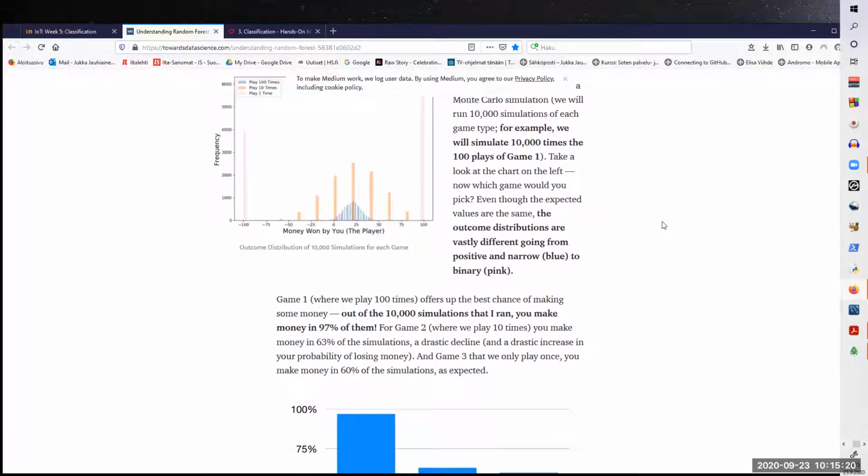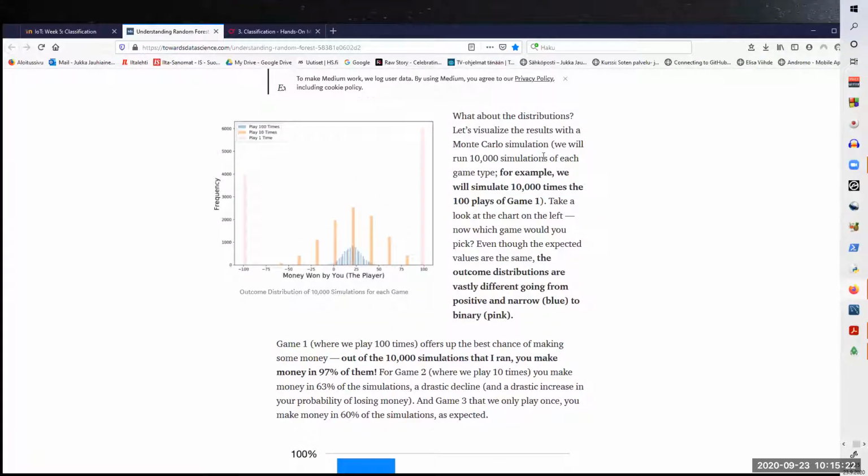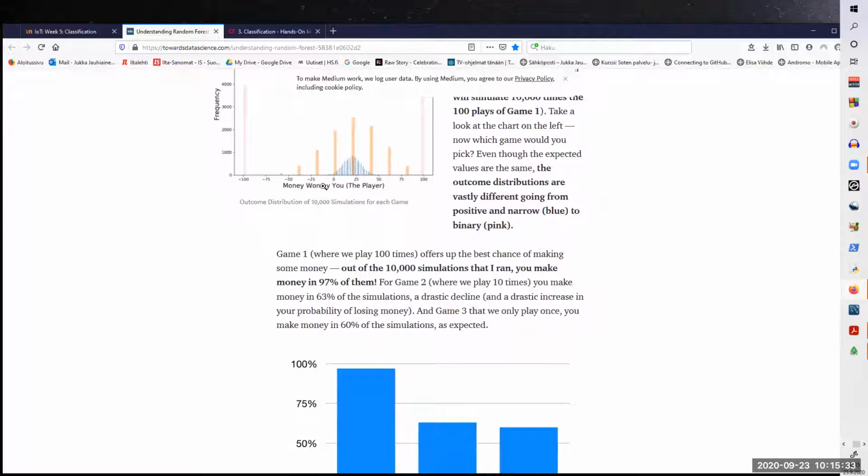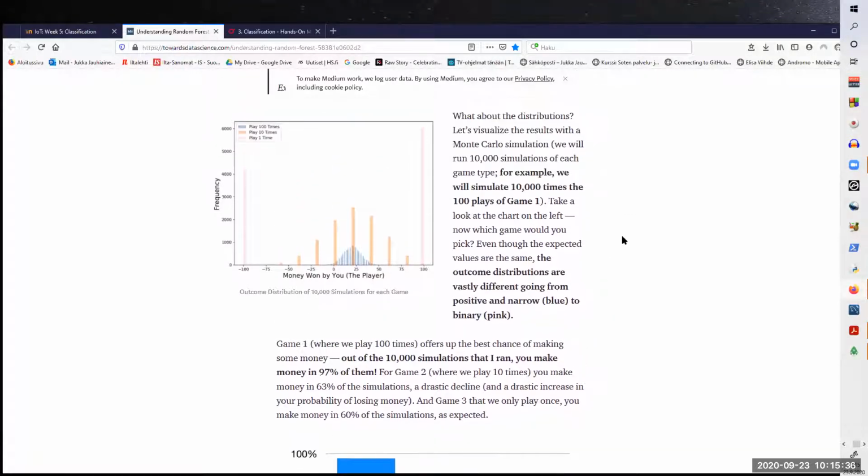But if you run the simulations, for example 10,000 times, you see the distributions are completely different, although the expectation value is the same. So the more you play, the better result you get. It's the same idea with the random forest.